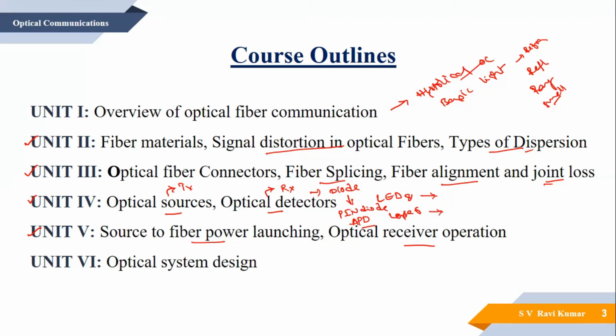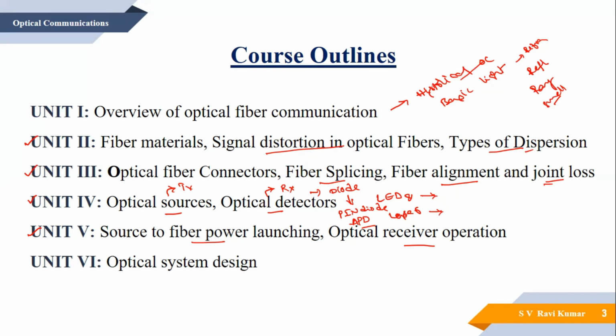So in this process you need to know about the radiation pattern of the source, how the power is going to be connected to the optical cable, and what different parameters are going to affect while source to fiber launching.